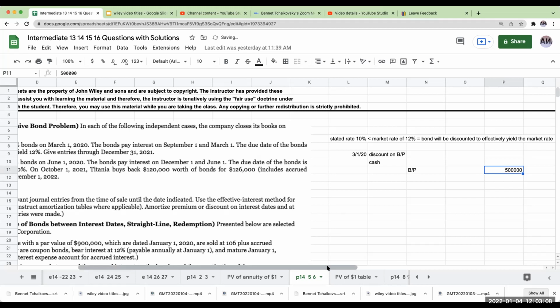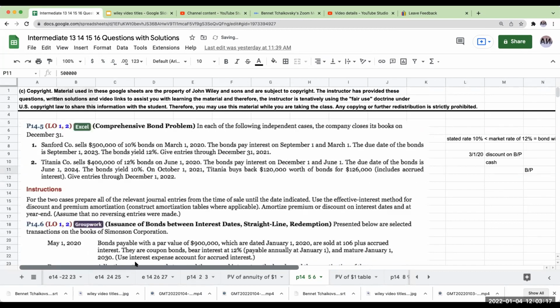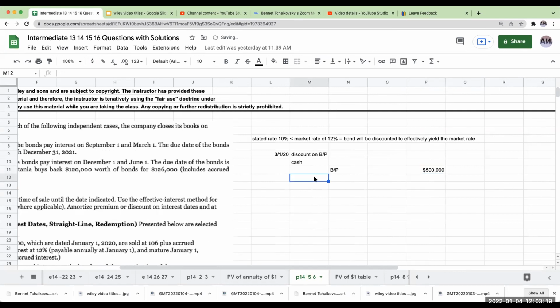So the face amount of this bond is $500,000, for Sanford Company. This is to record the bond issuance. Now, what we need to do is figure out how to determine the amount of cash.